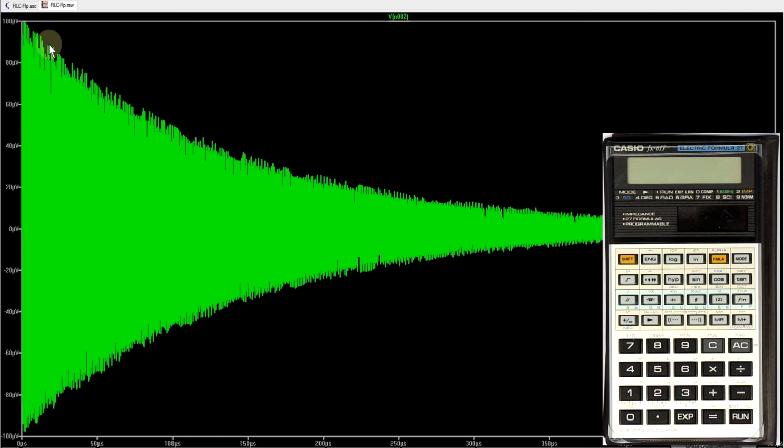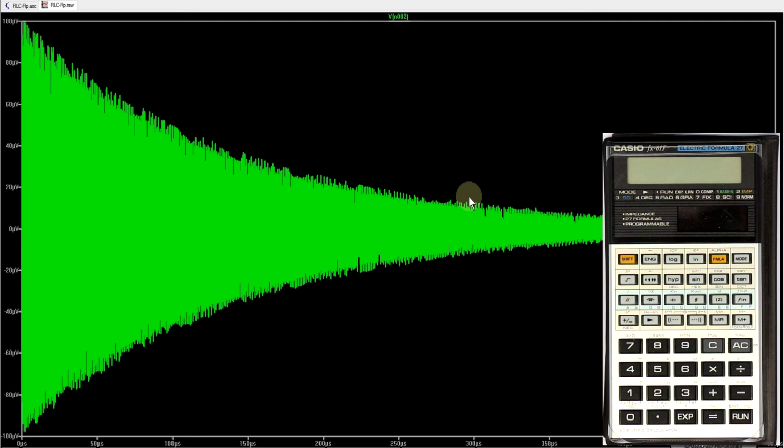This is due to the limitations of LTspice. This looks much cleaner in an oscilloscope, and the screen also doesn't resolve the 500 oscillations. But what we can see is that the amplitude drops exponentially.